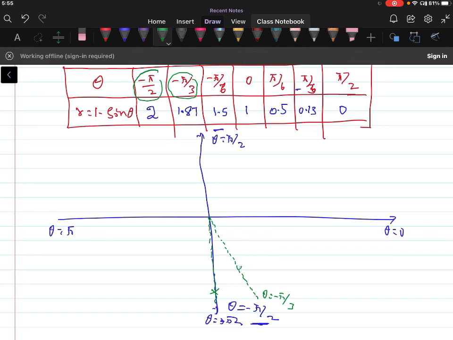So let us take this point as 1.87. When theta is equal to minus pi by 6, that is minus 30 degree, it is a line that makes an angle in the clockwise direction, so the corresponding r value will be 1.5.